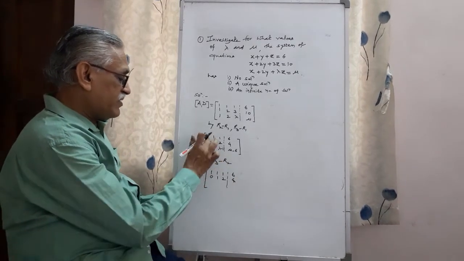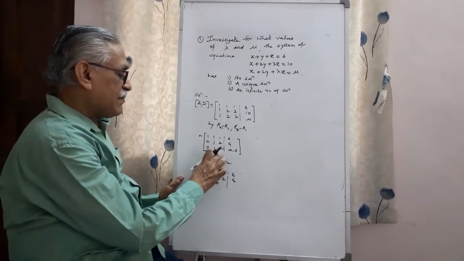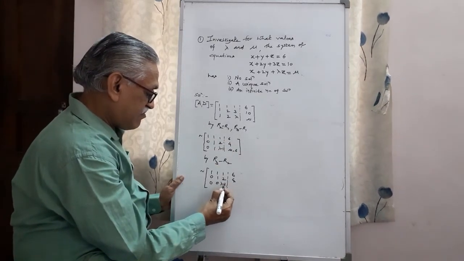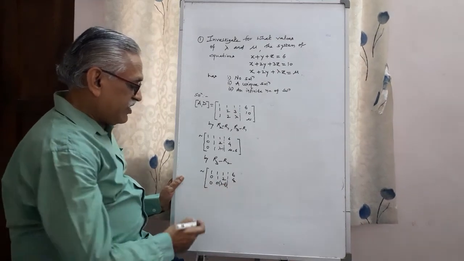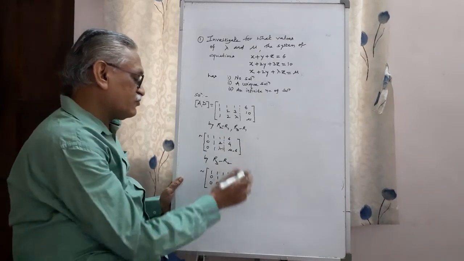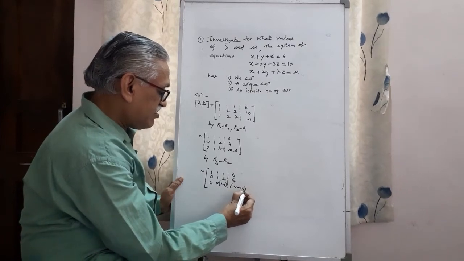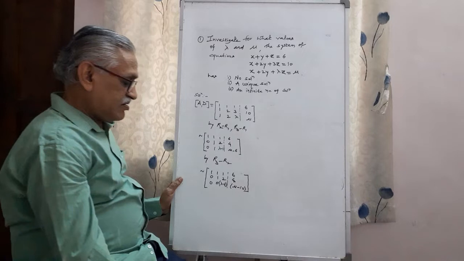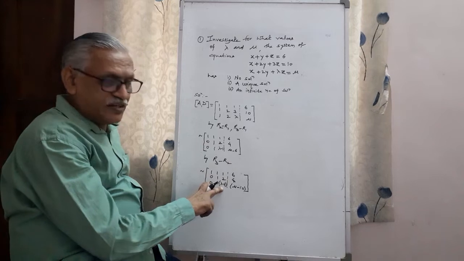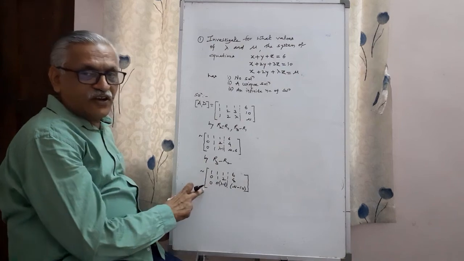Then 0 minus 0, 1 minus 1, lambda minus 1 minus 2, we get lambda minus 3, and mu minus 6 minus 4, we get mu minus 10. Non-zero, non-zero, and we are required to obtain these values. And all lower-level elements are 0. That's why it is the canonical form.